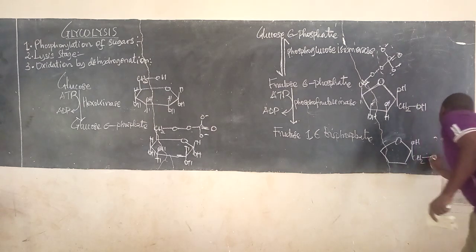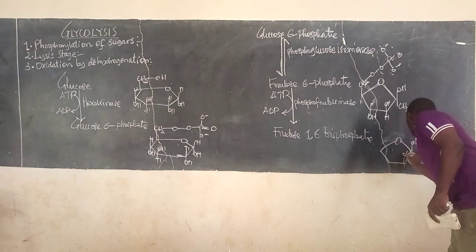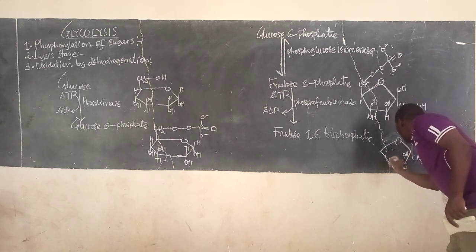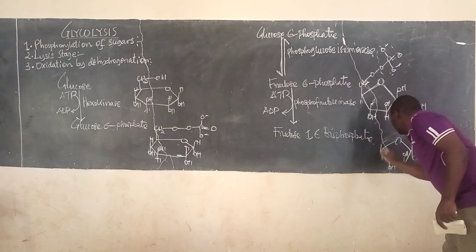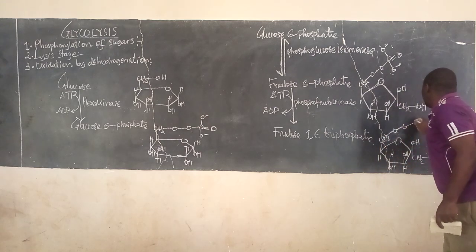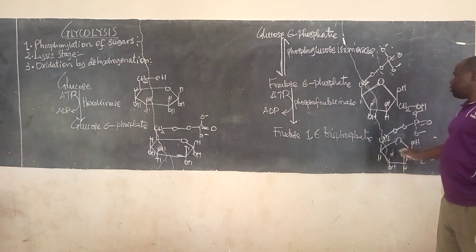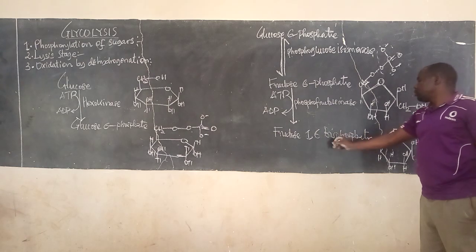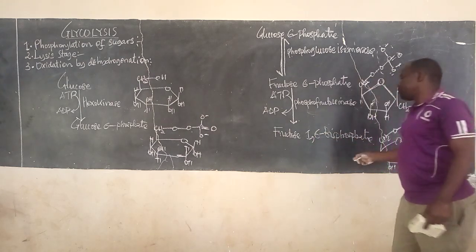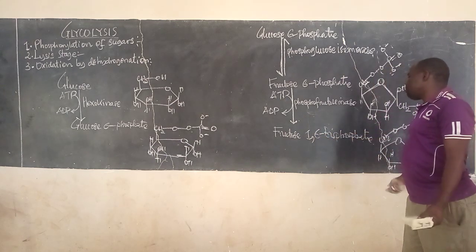Now this time I'm going to fix my phosphate here at the first position of carbon, OH inside, here outside, OH inside, here hydrogen, CH2, oxygen, phosphate, double bond, oxygen negative. This is our fructose 1,6-bisphosphate or fructose 1,6-diphosphate, whatever.